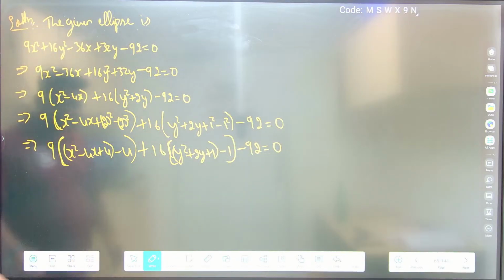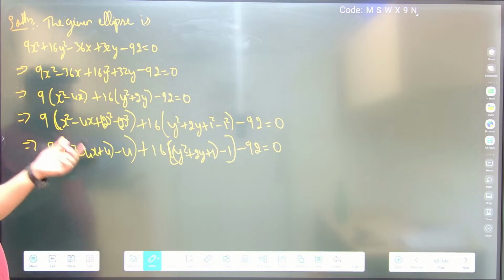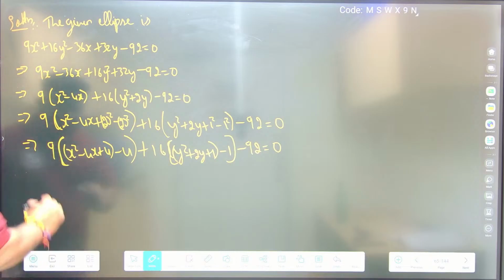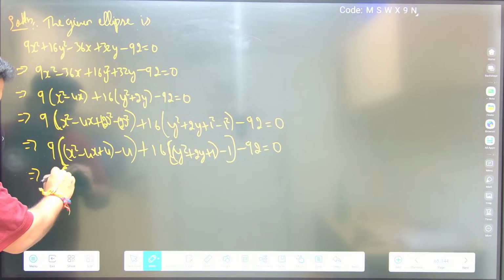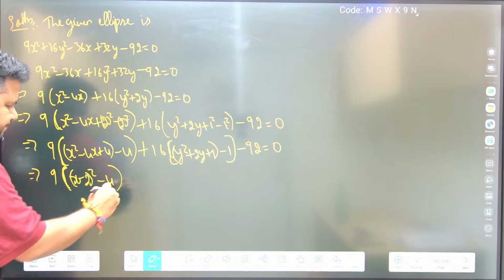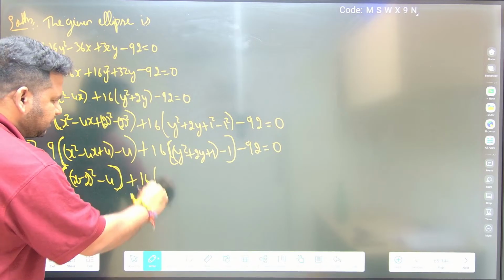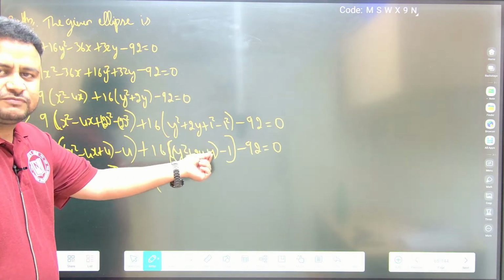Clear? Now x² − 4x + 4 is nothing but (x − 2)². So this is 9[(x − 2)² − 4]. And y² + 2y + 1, using a² + 2ab + b², is (y + 1)².